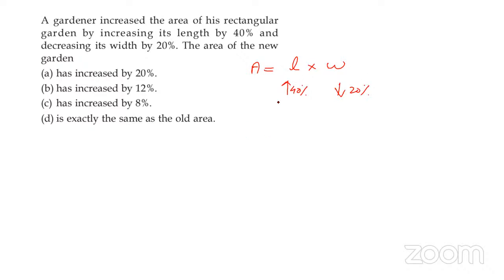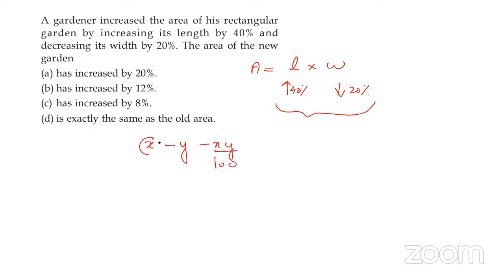So we can use the formula for finding the overall percentage change. If a value is increased by 40% and it is decreased by 20%, what's the overall percentage change? So remember the formula, it's nothing but x minus y minus xy by 100. This is the formula for that.